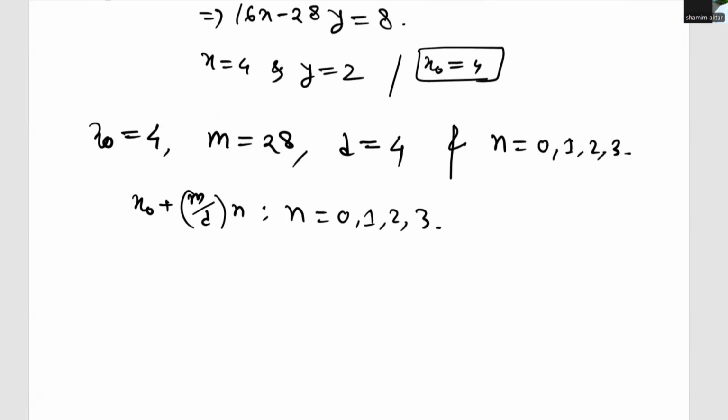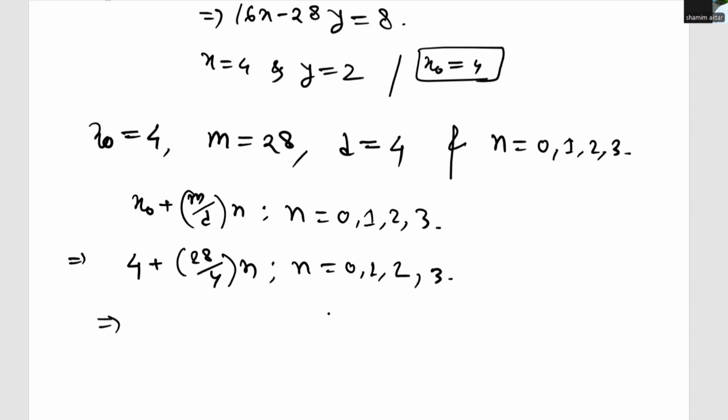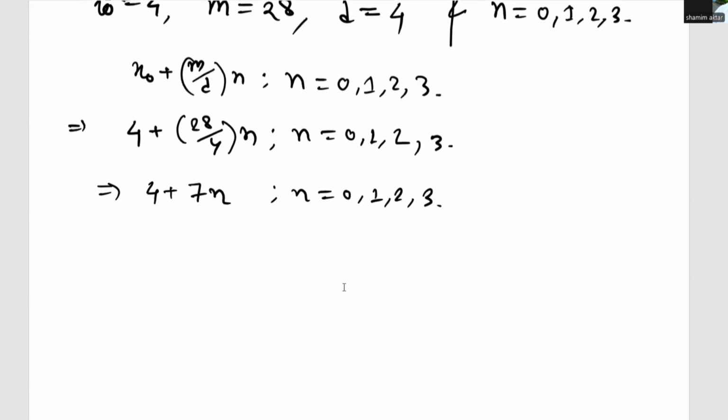So this equals 4 plus (28/4) times n, where n equals 0, 1, 2, 3. This equals 4 plus 7n, where n equals 0, 1, 2, 3. So that is 4, 11, and when we put n equal to 2 we get 18, and also 25.